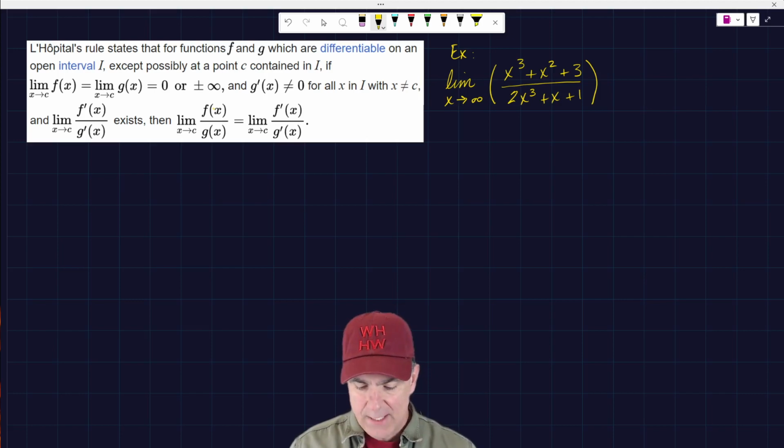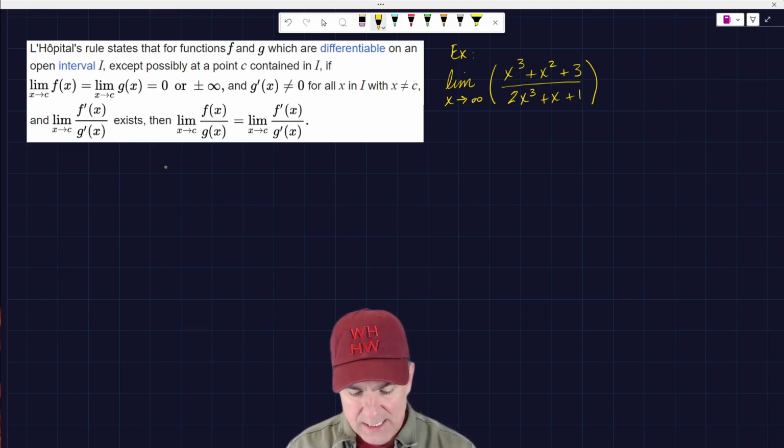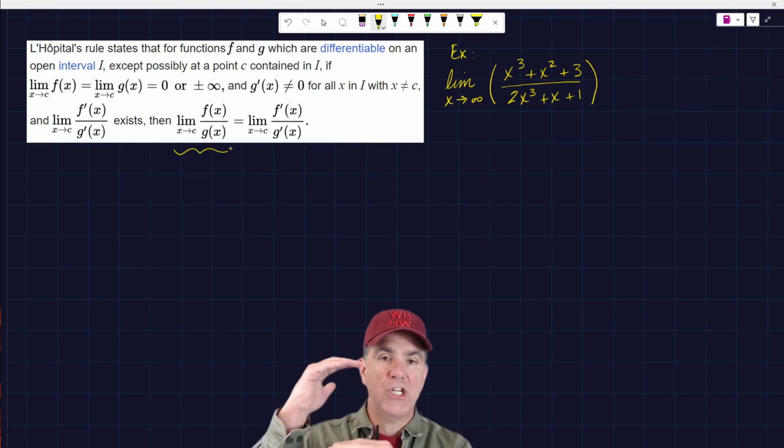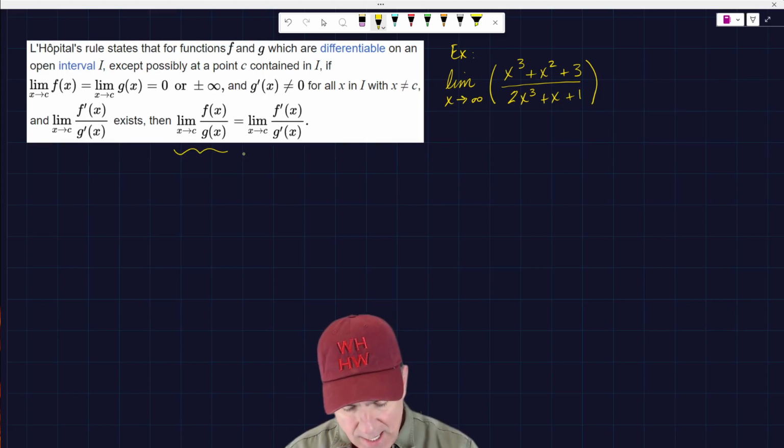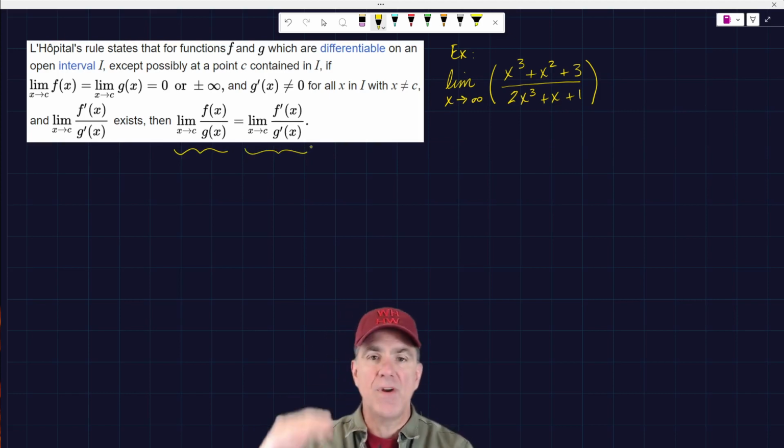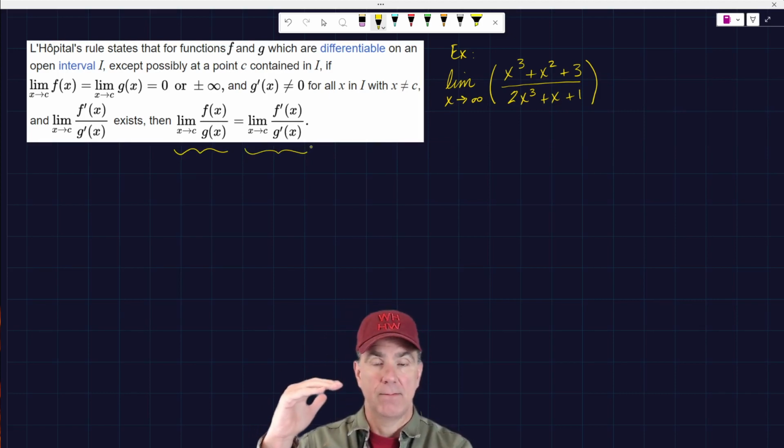Then what we have is that the limit, as long as it exists, is the same between the ratio of f and g and the ratio of the derivatives of f and g.